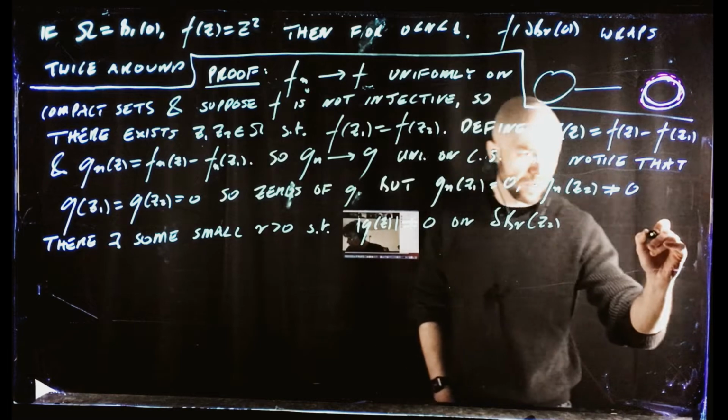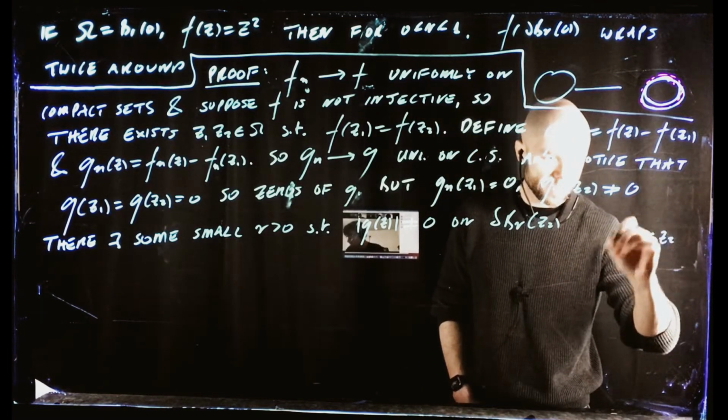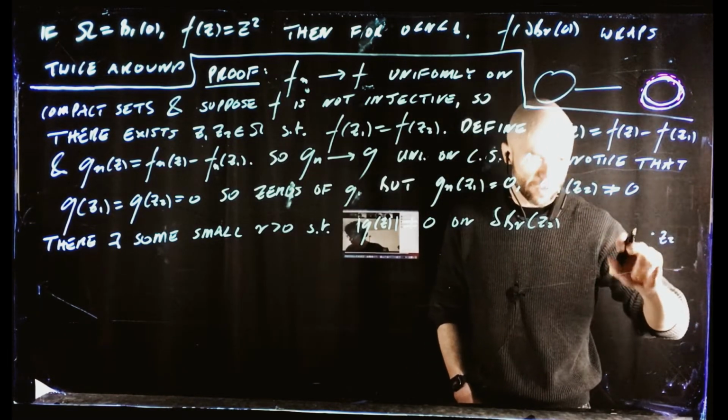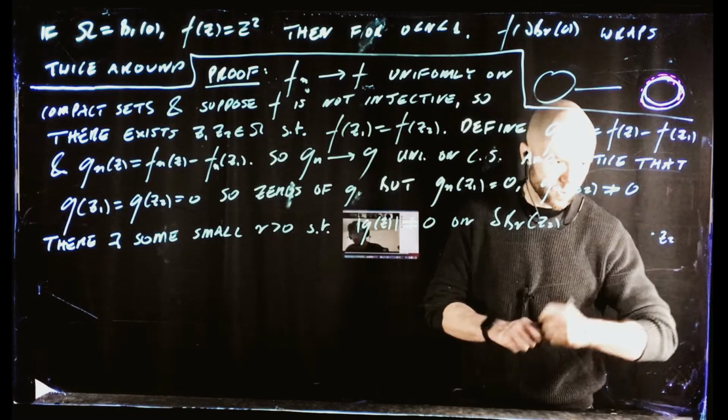So z2 is an isolated 0. There might be some other zeros getting somewhat close to this, but we don't have a cluster point of zeros, obviously.